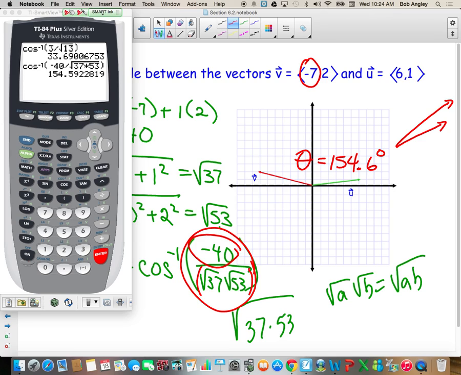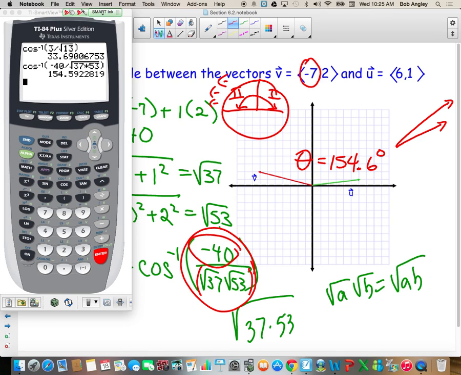So anytime that we do the dot product and we get a negative value, it's going to make that cosine inverse negative. And remember that on the cosine inverse, when we were doing the unit circle, we were over here in the first and the second quadrants. And over in the second quadrant, remember that's when all those cosine values were negative. And so that is the thing that makes that happen.